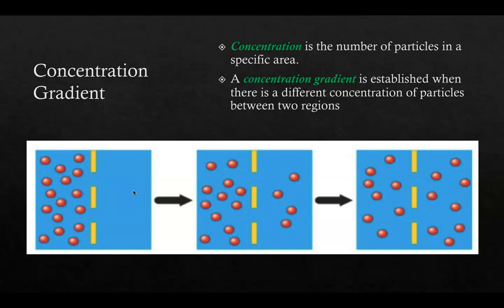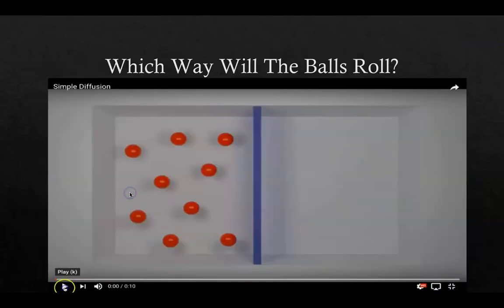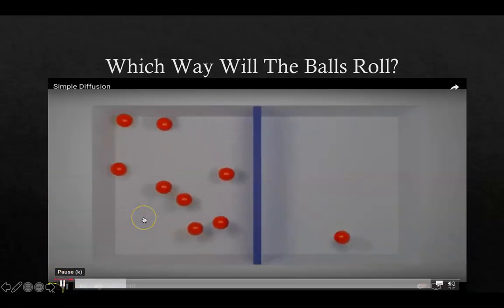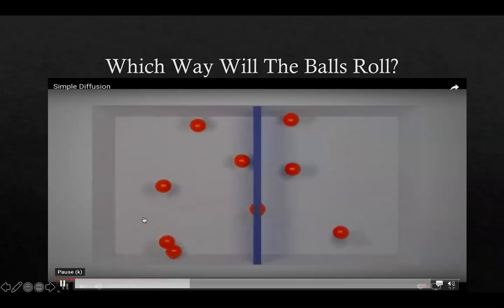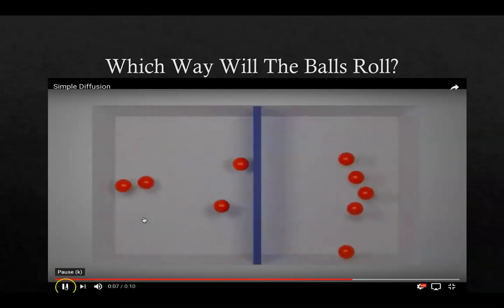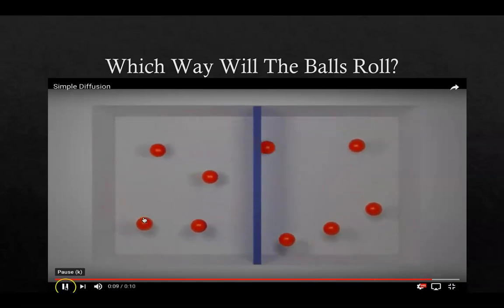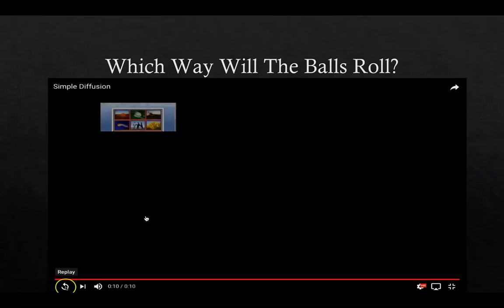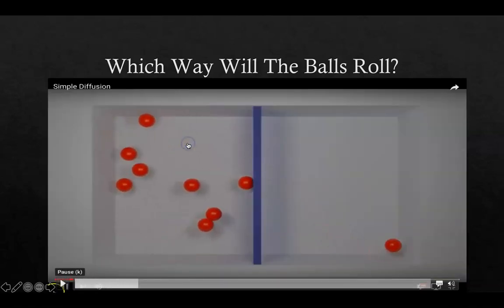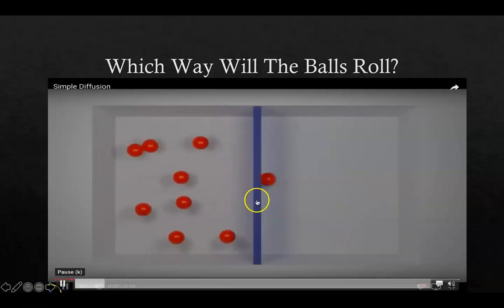Now, the goal is for particles to move until they reach what's known as dynamic equilibrium. And so here we have a demonstration of some balls, and as you can notice, the balls in one area were highly concentrated, and once they started to move, they started to bump into each other. Those random movements are what actually drive passive transport.